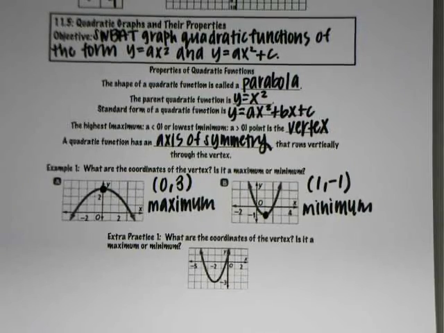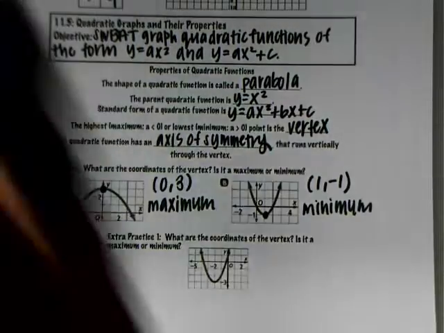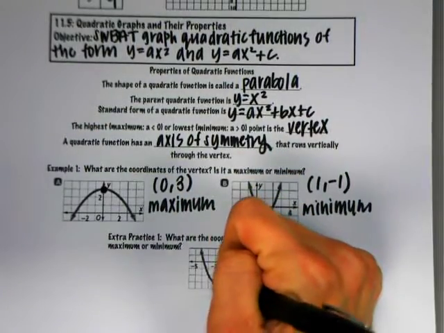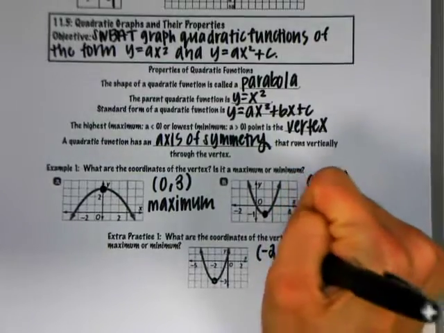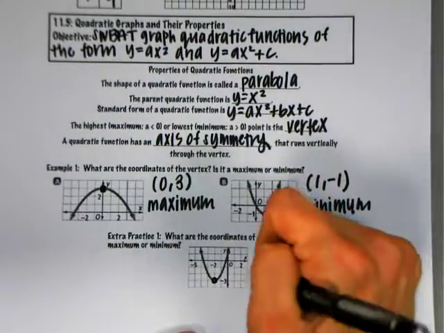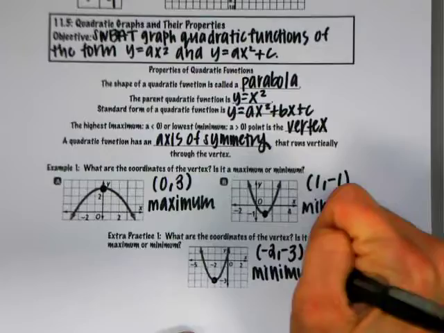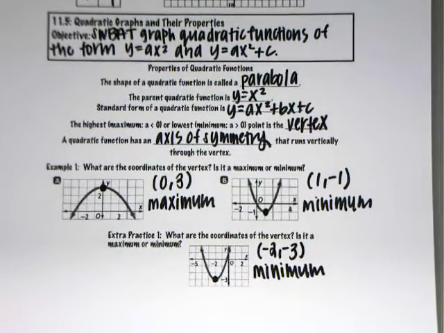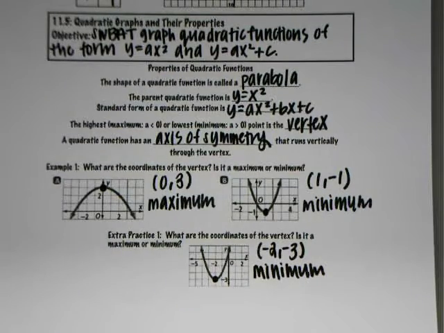Sorry. Okay, so what are the coordinates of the vertex here? Yep, -2, -3, and is it a maximum or a minimum? Minimum. Yep. Any questions on that? Okay.